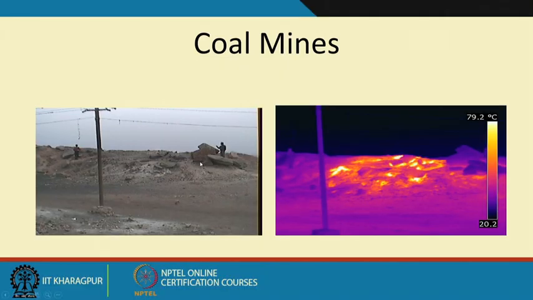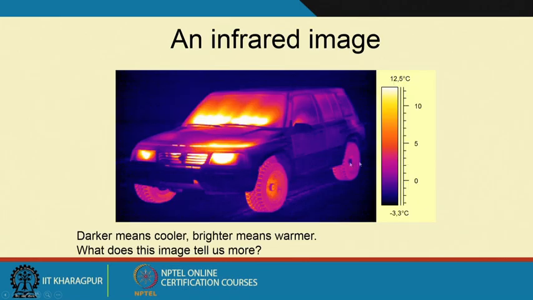For example, look at how eluding this temperatures could be, in a coal mine where you have dump. Okay, there are a lot of hot spots. Okay, they are all, you can see slag has been deposited, and then you can see underneath this you have very high temperature.